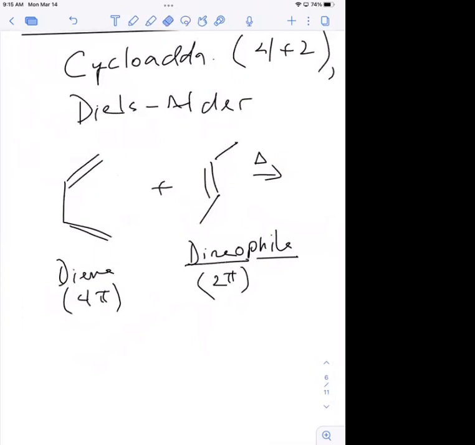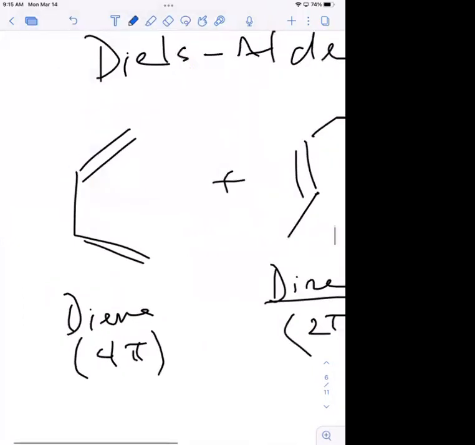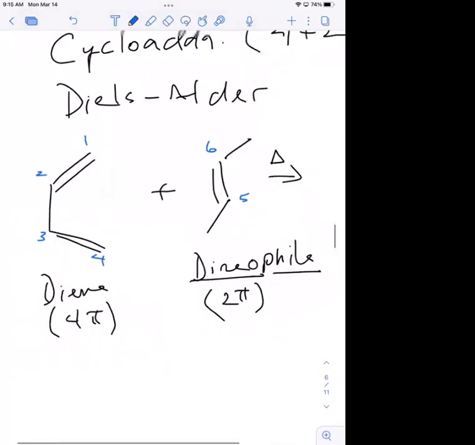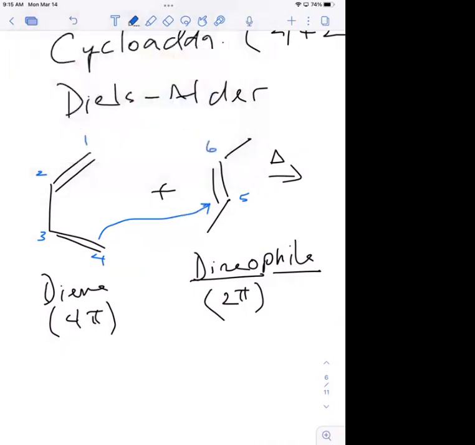With the 4-pi system, I'm going to number this too, because whenever I teach this part, it always seems to help when the carbons are numbered. What happens mechanism-wise is we're going to share a pair of electrons from that pi bond, so you're going to get a bond between 4 and 5.